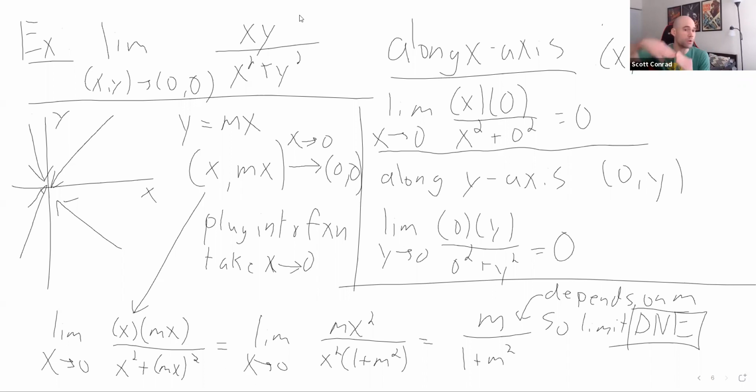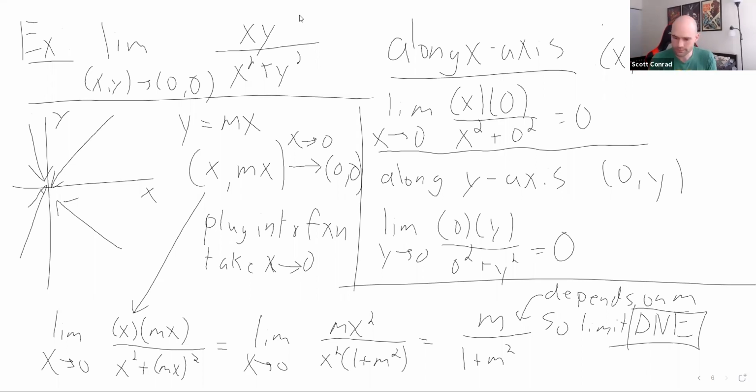Or I could check m equals 1, that'd be along the line y equals x. And if I plug in different values of m, I get different limits, right? If m shows up anywhere in your limit and you can't cancel it, that means your limit depends on m. So plug in different slopes, you get different limits, so then the limit does not exist.